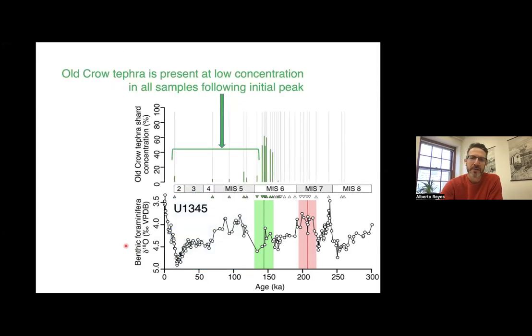So if we look at that as the percentages of the analyzed shards that were Old Crow tephra, it's not a lot, right? So it's at pretty low concentration, but it's present in every sample. So this sort of confirms the story from the Chukchi Sea of active background reworking, erosion, and fluvial transport of that tephra into the marine sedimentation system.